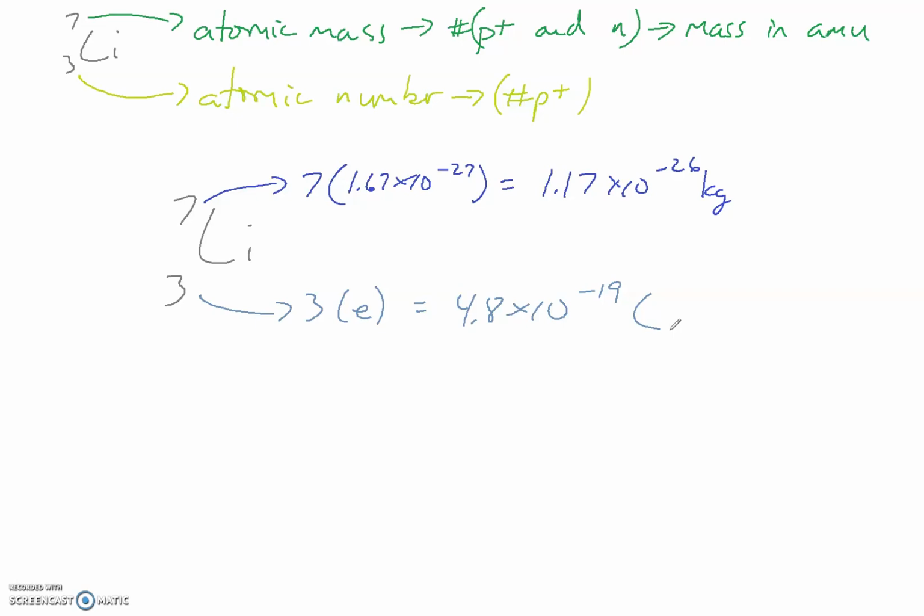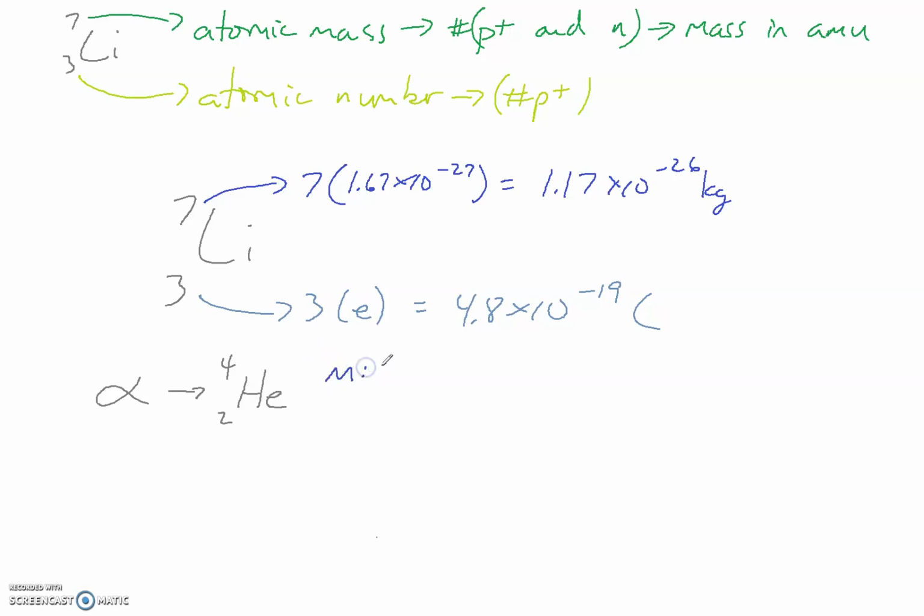A common one for this type of thing is what's called an alpha particle. An alpha particle is actually a helium nucleus, which is a common form of radiation, and it'd be helium-4,2. So to get the mass of this one, it would be 4 times the 1.67 times 10 to the negative 27, because there's 4 things in the nucleus.